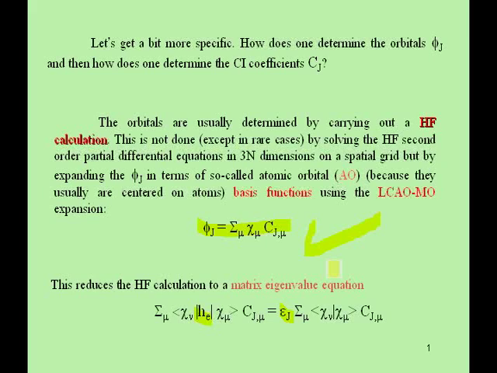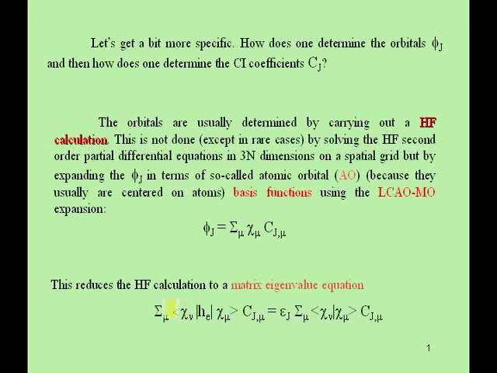Then on the left-hand side, I've multiplied through by chi nu, the nuth basis function. We'll talk more in this session about what these basis functions are, but for right now, just treat them as independent functions, atomic orbitals that you know about. I've multiplied through that equation on the left by chi nu and integrated over the electronic coordinate.